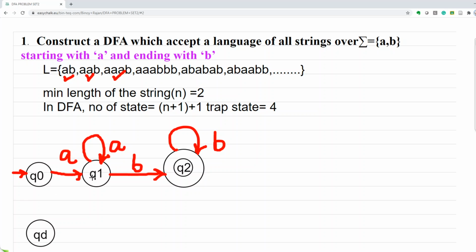So what if my initial state starts with B? If I am starting with B, I should send that to a dead state. So this is your B. I am in the dead state and I should consume all the input symbols, so I should make a self loop with A and B as input symbols. And this is what we call the dead state.